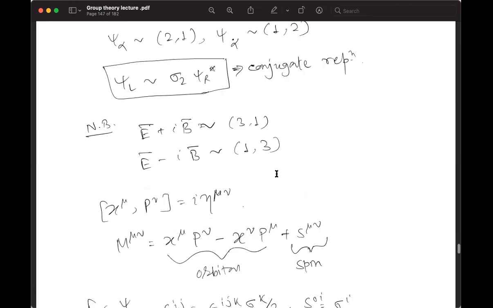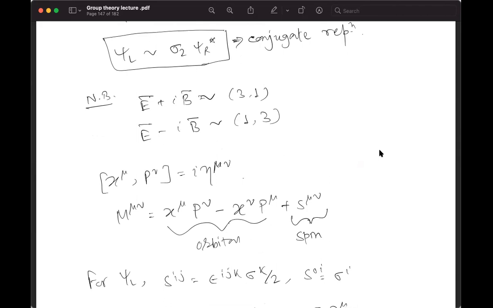Note that J plus iK stands for an SU(2) adjoint and a singlet under the other SU(2), and J minus iK is a singlet under the first SU(2) and an adjoint under the second SU(2). So it's like a magnetic and electric combination, and we'll see this when we talk about the gauge bosons or vector bosons, which transform in the adjoint of this.